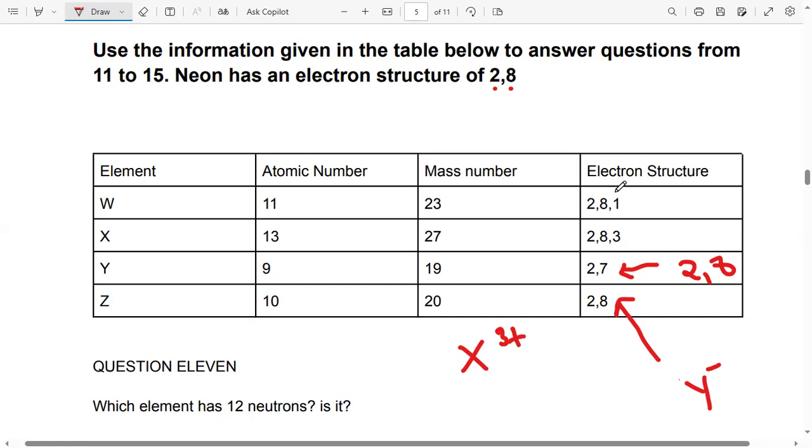And this one here loses 1, so it will just be W plus. On the list of answers I've given, we are going to check if any of these are there.